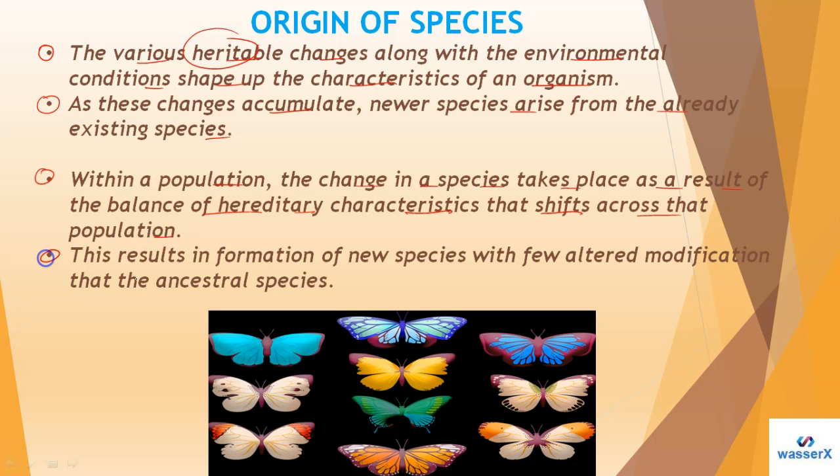Now we have the last point. This results in the formation of a new species, with a few altered modifications, which we see in this new species, and the ancestral species.